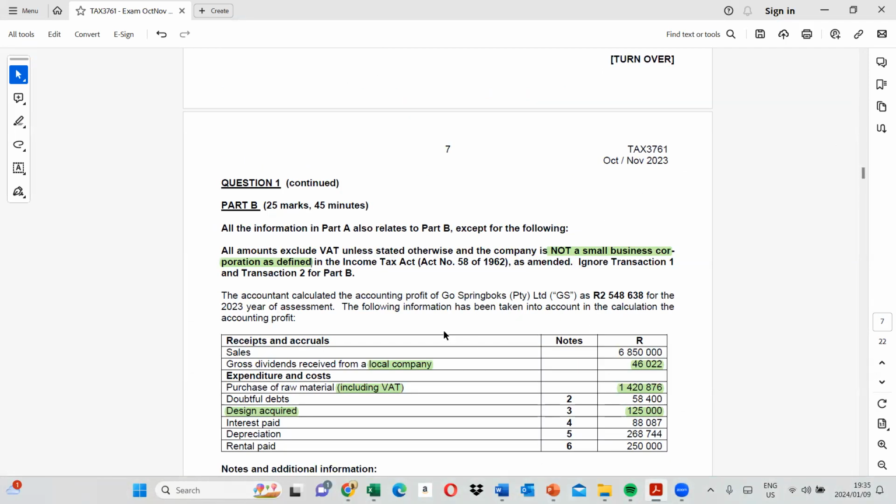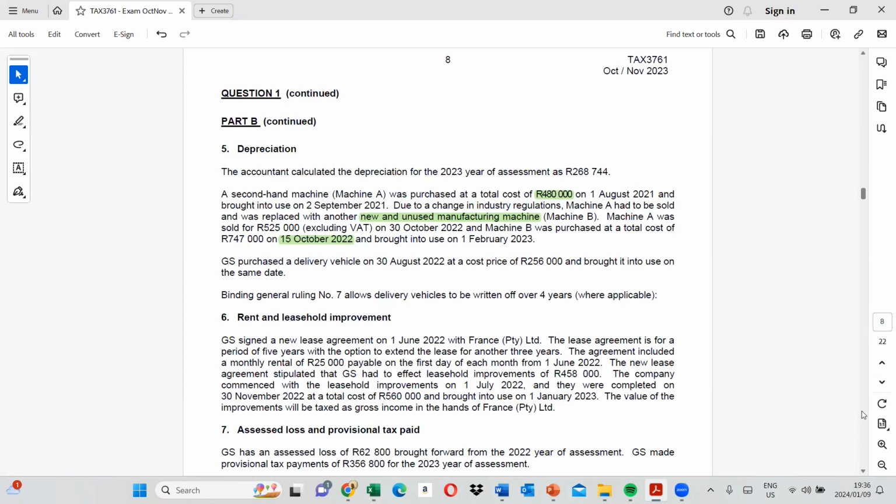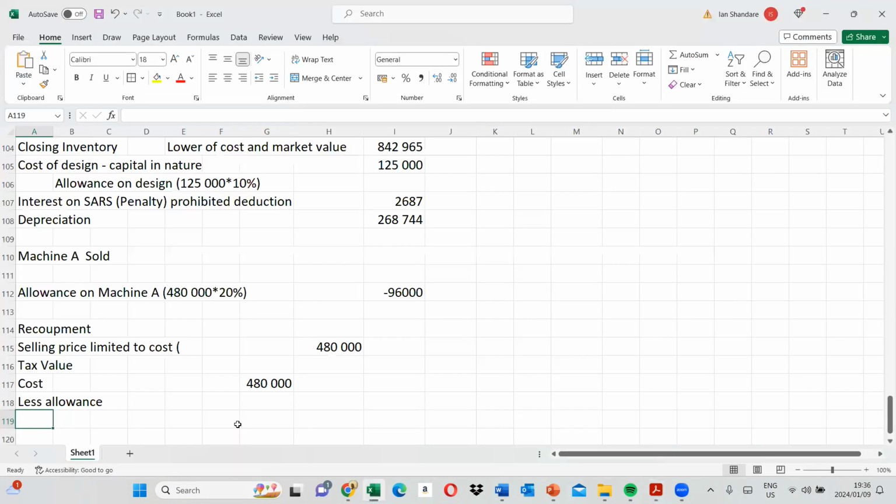You just quickly check the 2023 information: all information per day relates to B, except for the following. So the year end is 31 March 2023, which means now we're going to calculate our allowance for 2022. So 2022, it's 480 times 20%.